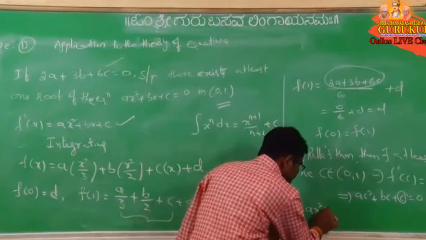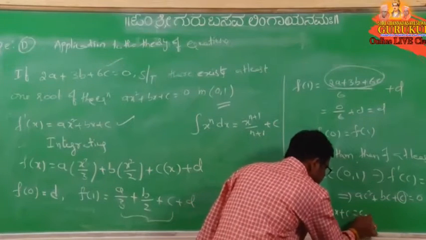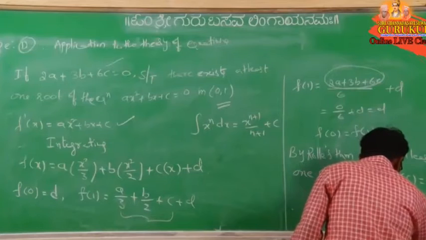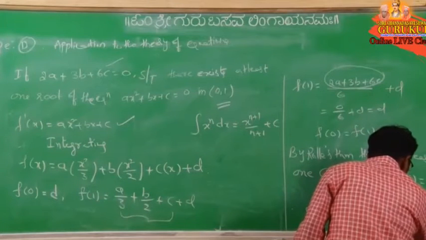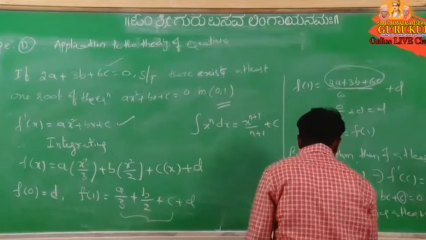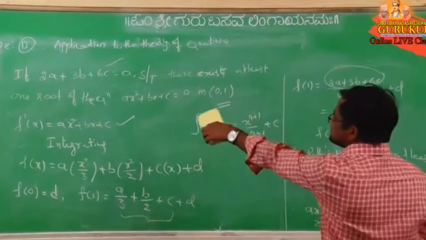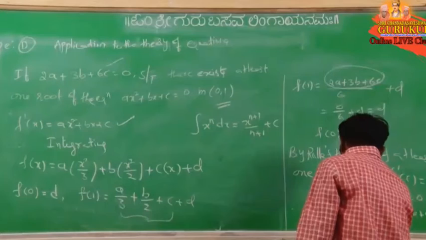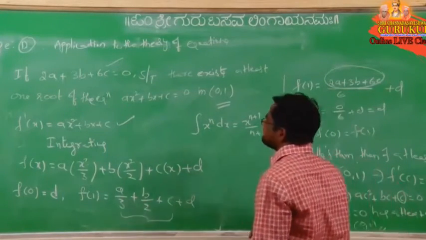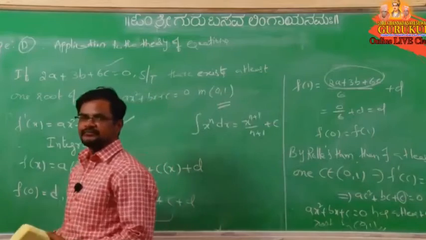Therefore ax square plus bx plus c equal to 0 has at least one root, and there exists at least one root of the equation in 0 comma 1.